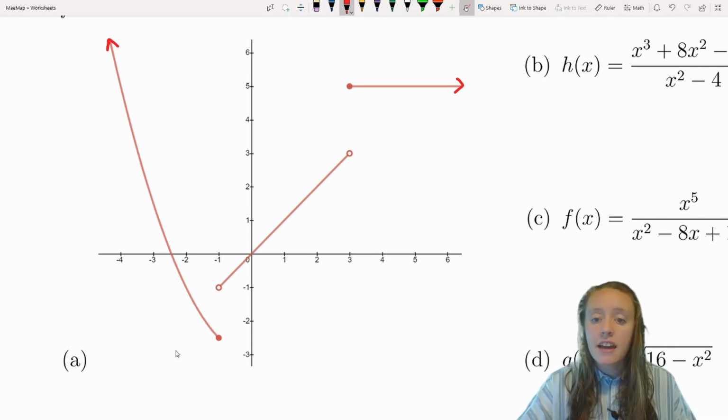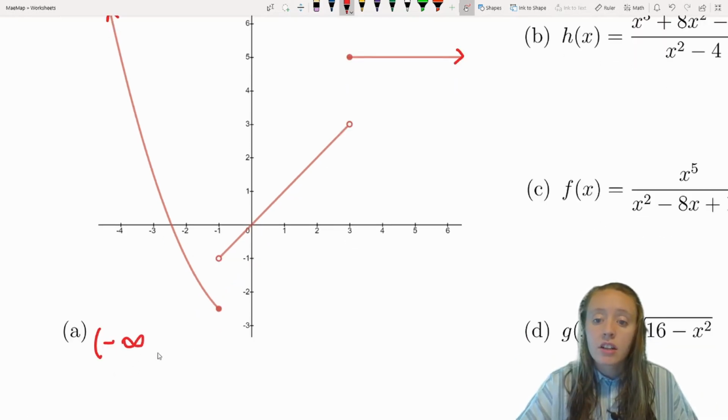So we're going to say -infinity, comma, if we follow along that function, we stop at what in the x? At -1 in the x, and that is indeed included in that first chunk of the interval. So we're going to go from -infinity to -1, and that bracket with the -1, because that point is filled in, is square.